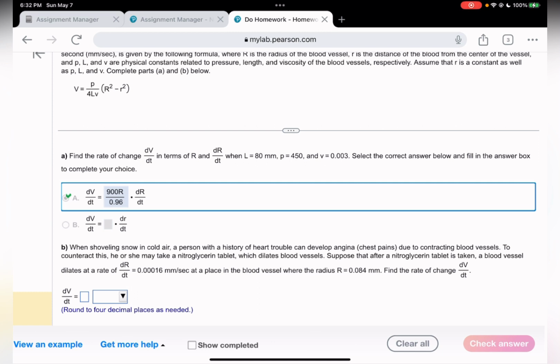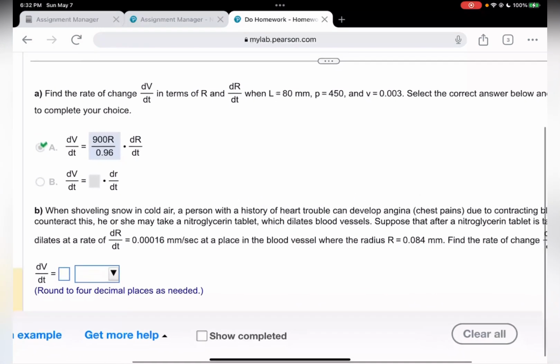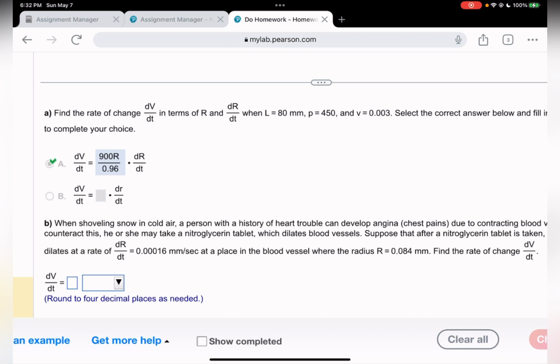Suppose that after nitroglycerin tablet is taken, a blood vessel dilates at a rate of dr by dt 0.00016 millimeter per second at a place in the blood vessel where the radius is 0.084.